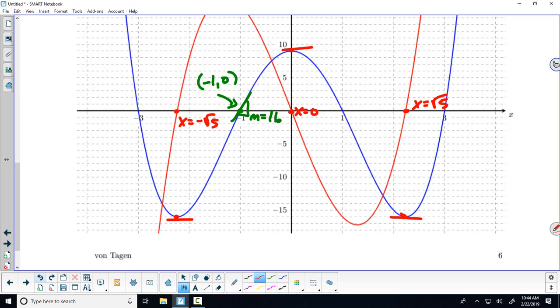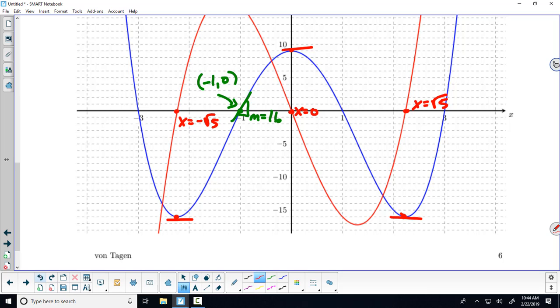This is very important, folks, where the derivative is 0. I know you don't have color on your graphs. Where my red graph is 0 is precisely where the blue graph has horizontal tangent lines. Wherever the red graph is 0, that is where the blue graph has horizontal tangent lines.